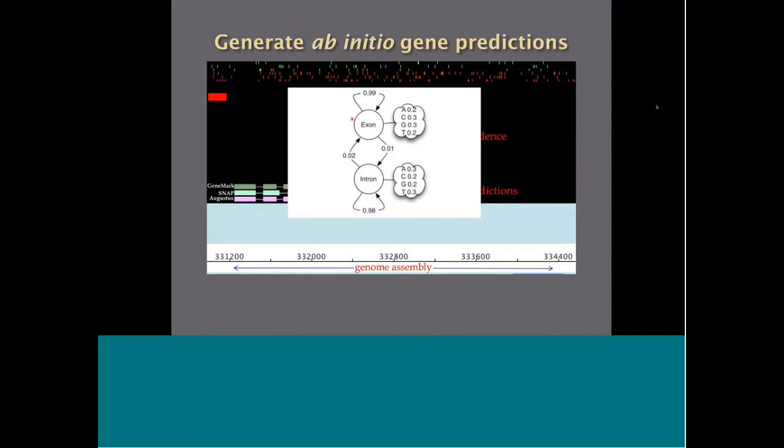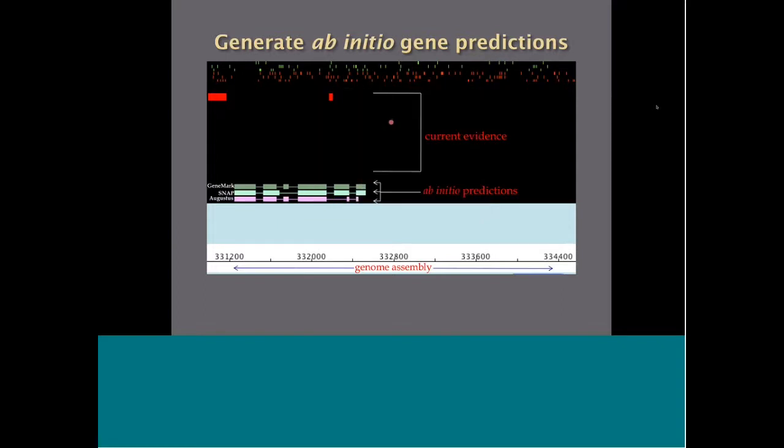And Maker runs these algorithms for you, and because they look for these expected patterns of gene structure, this infers you already know what those expected patterns look like for that organism. So these algorithms do, in fact, have to be trained for every genome.